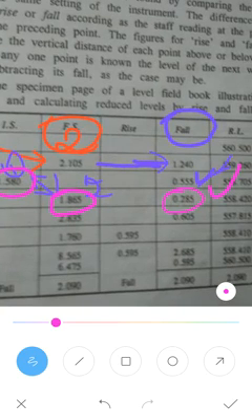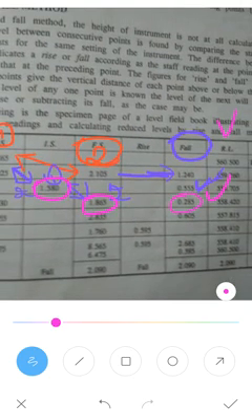It is in the fall column only. Now I will teach only how to take this rise and fall column. Later I will teach you how to take RL. First you have to be very thorough with this rise and fall, where the value comes. This is a negative value: 1.580 minus 1.865 is negative, so you get 0.285, and since it is negative, it goes to the fall column.